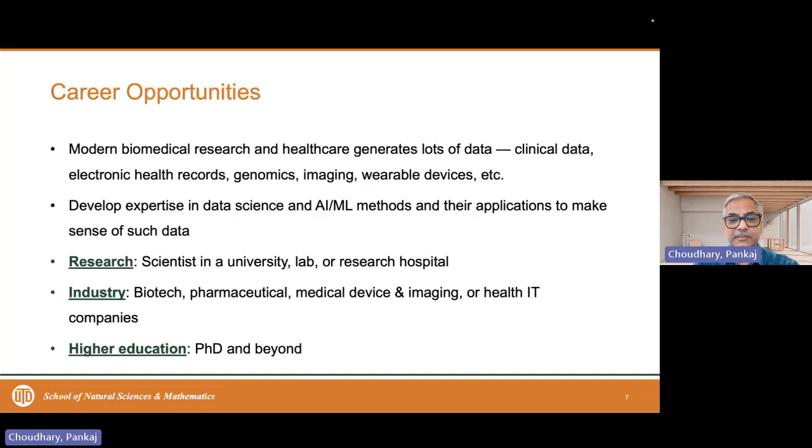And this can open up opportunities for research as a scientist in a university lab or a research hospital.